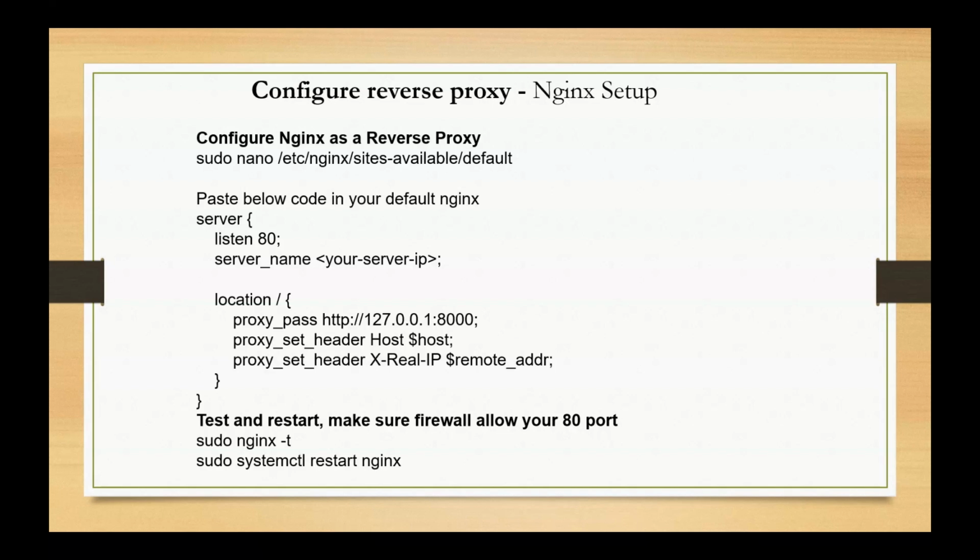Ideally, in a complex system, we have multiple Nginx configuration files in the sites-available folder. But because this is a demo, we are just creating one simple default file there. Then you can paste this code. If you see this Nginx code, it's taking requests from port 80 and redirecting to port 8000.